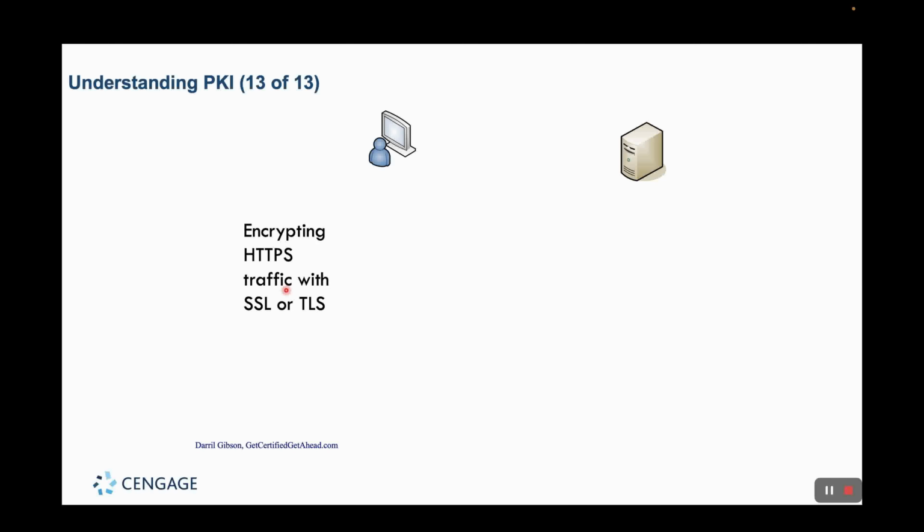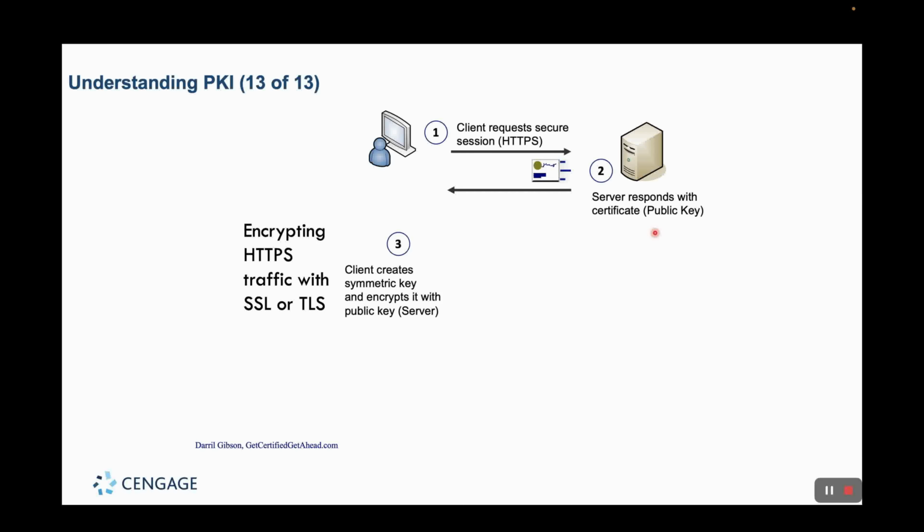And finally, I want to show you something related to PKI about encrypting HTTPS traffic with SSL or TLS. Here we see you are the client using the browser and you want to access the server. First step, the client requests a secure session, HTTPS. Then the server responds with a certificate and public key. Then your computer creates a symmetric key and encrypts it with the server's public key.